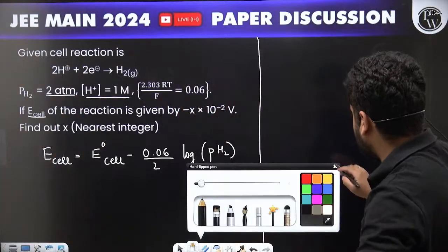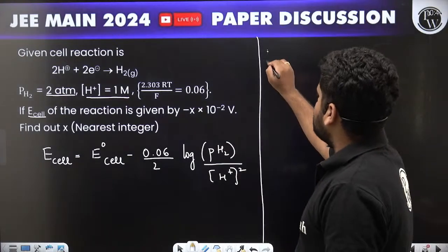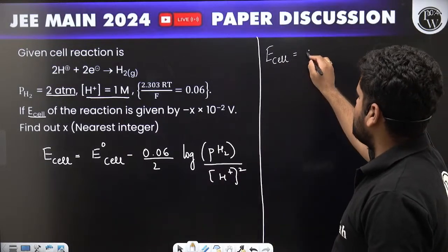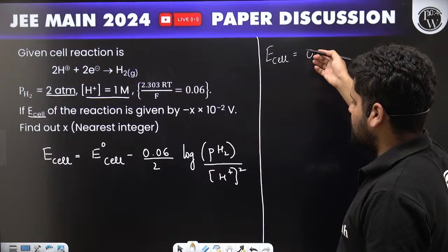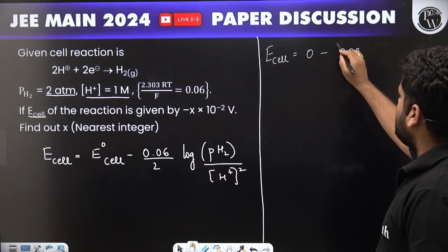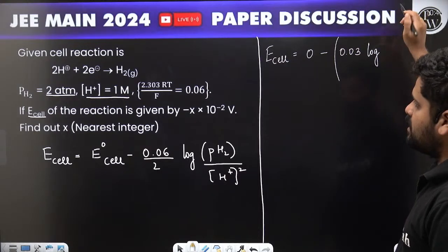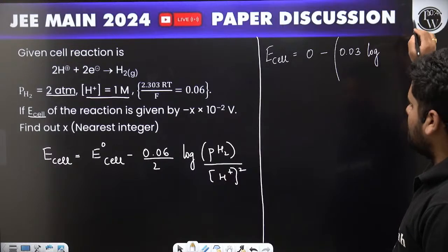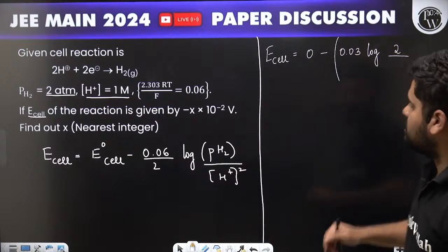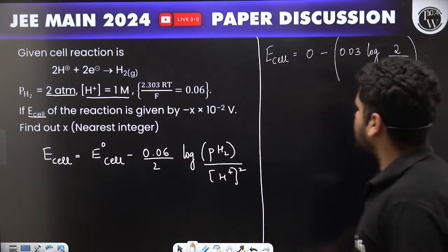Now we can get the value of E cell from this data. E cell is equal to the value of E naught cell, which is 0, minus 0.06 by 2, which is 0.03, times log of partial pressure of H2, given as 2 atm, divided by concentration of H plus, which is 1 molar, so 1 square, which is again 1. So we have log 2 by 1.